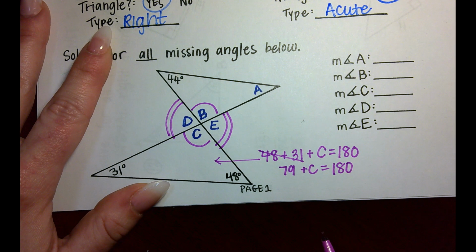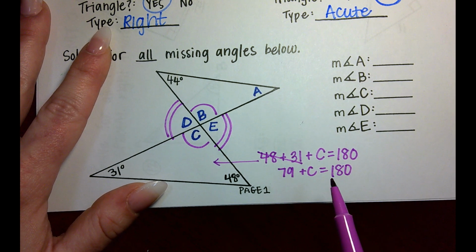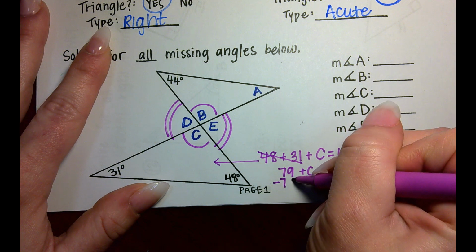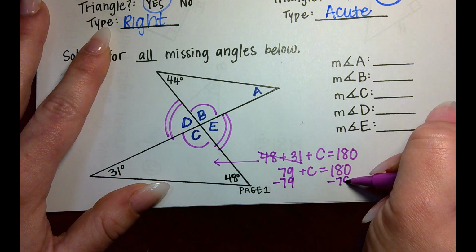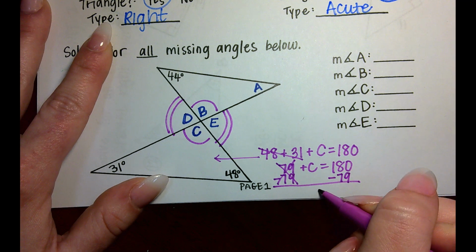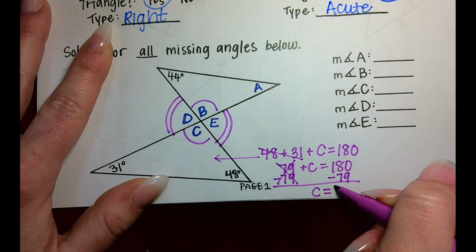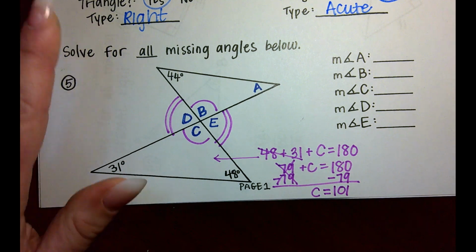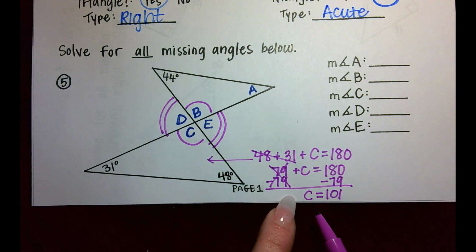And what would my last step be here? Subtract 79 from 180. Good, we would subtract 79. Perfect. I would get C equals 101.